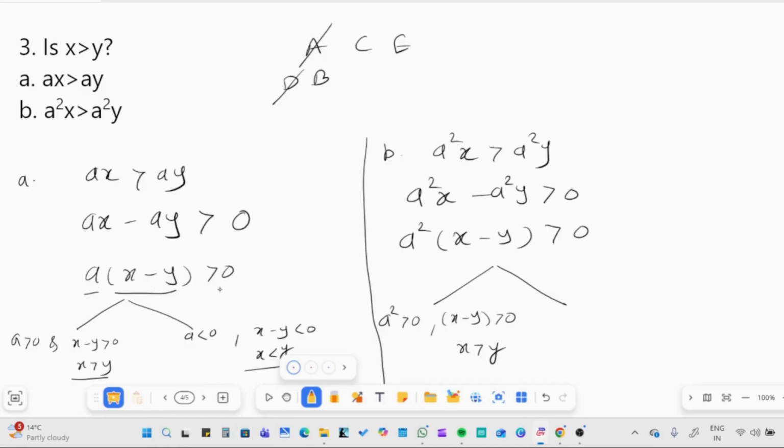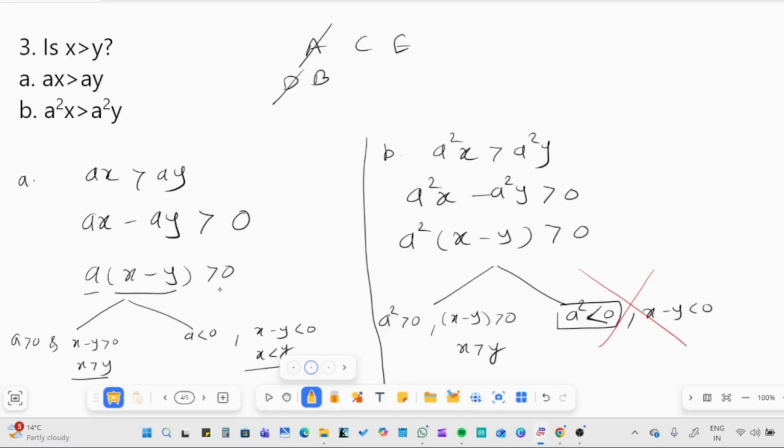Okay. Now, when both are negative, so a square is less than 0 and x minus y is also less than 0. Now wait, can I take a square as less than 0? We don't know the value of a, but it's a square. It has to be either 0 or more than 0. It cannot be negative. So that means for this question, we cannot consider this possibility.